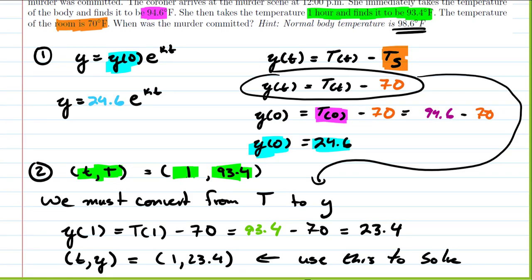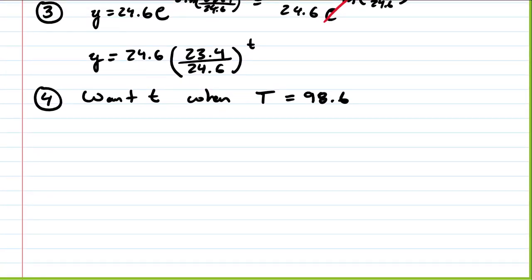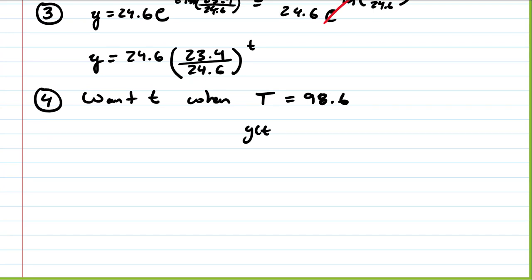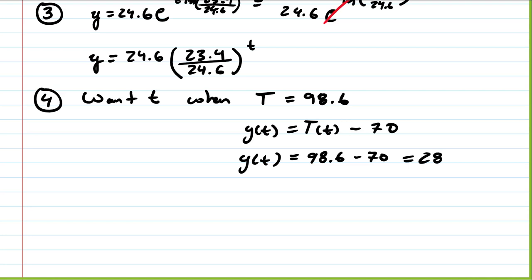So once again, we have to use this. So we know y of t is equal to T of t minus 70. So y of t is going to be, we want to find this when it's 98.6 take away 70, so 28.6. So we want t when y equals 28.6.